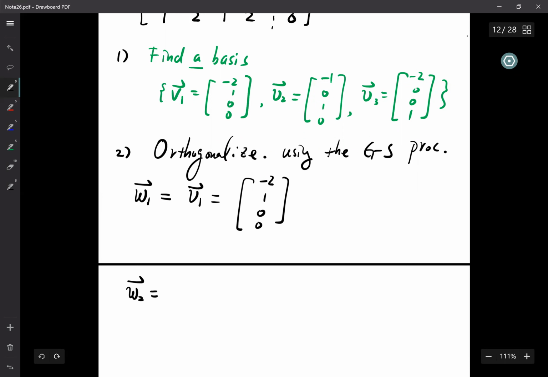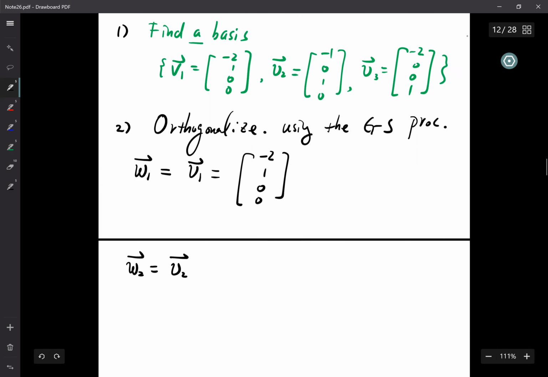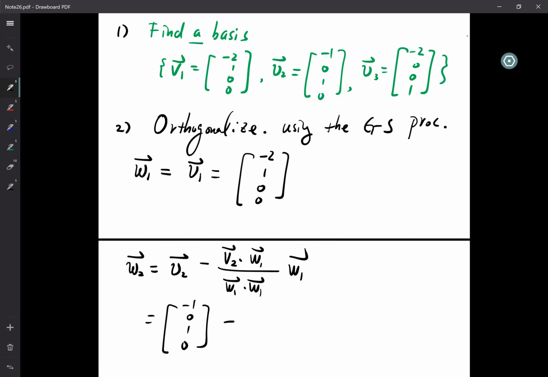The second one is V2 minus the projection of V2 on W1. So let me directly write down V2 minus (V2 dot W1) over (W1 dot W1) times W1. V2 is -1, 0, 1, 0, and V2 dot W1 is 2.